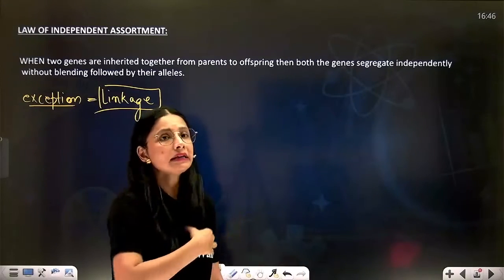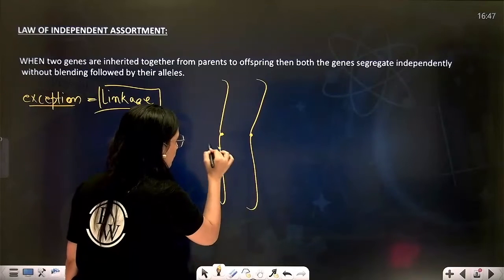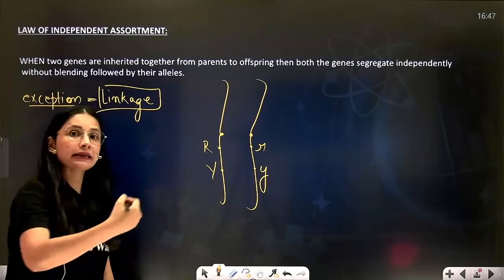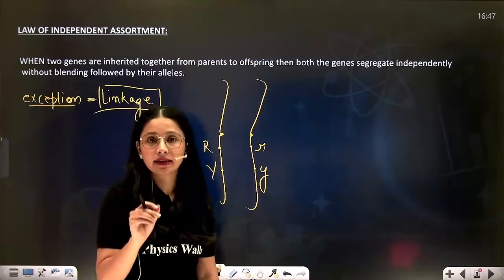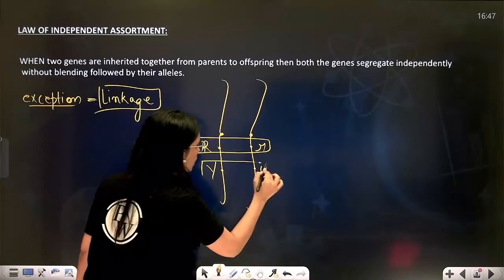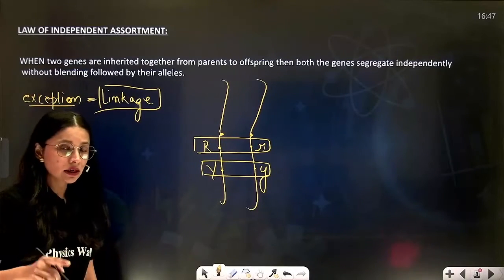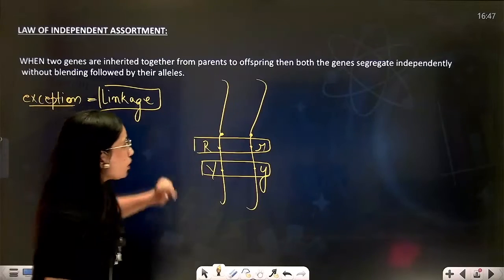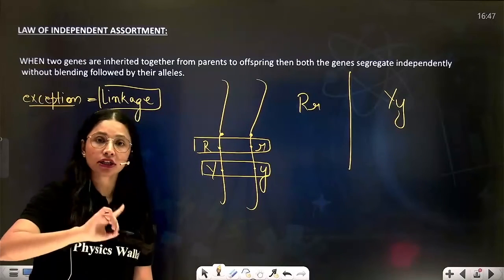Now, Mendel said that whenever two genes located on homologous chromosomes are inherited together from parent to offspring, again, I am repeating, listen to me carefully, it is said that when two genes located on homologous chromosomes are inherited together, then during gamete formation, during meiosis, both the genes are going to segregate completely independent of each other.